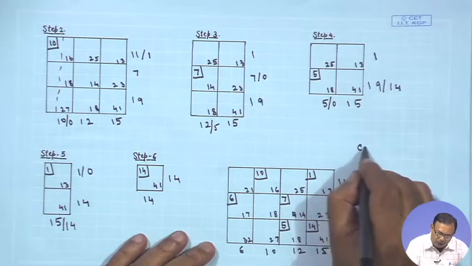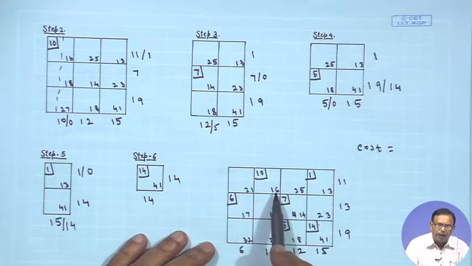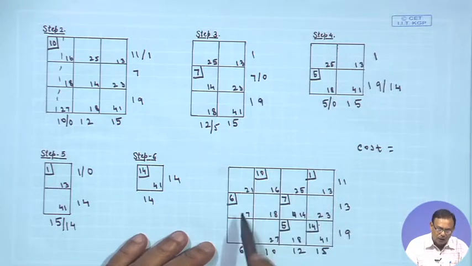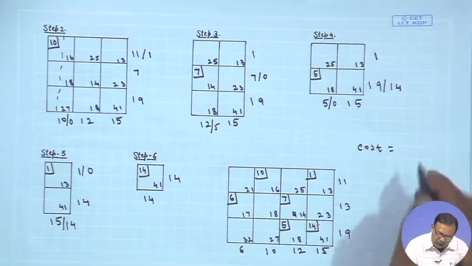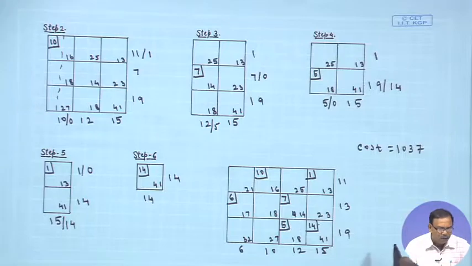What will be the cost for the initial allocation? As usual, you will calculate the cost on the occupied cells only, that is 10 into 16 plus 1 into 13 plus 6 into 17 plus 7 into 14 plus 5 into 18 plus 14 into 41, and the total cost you will find 1037.